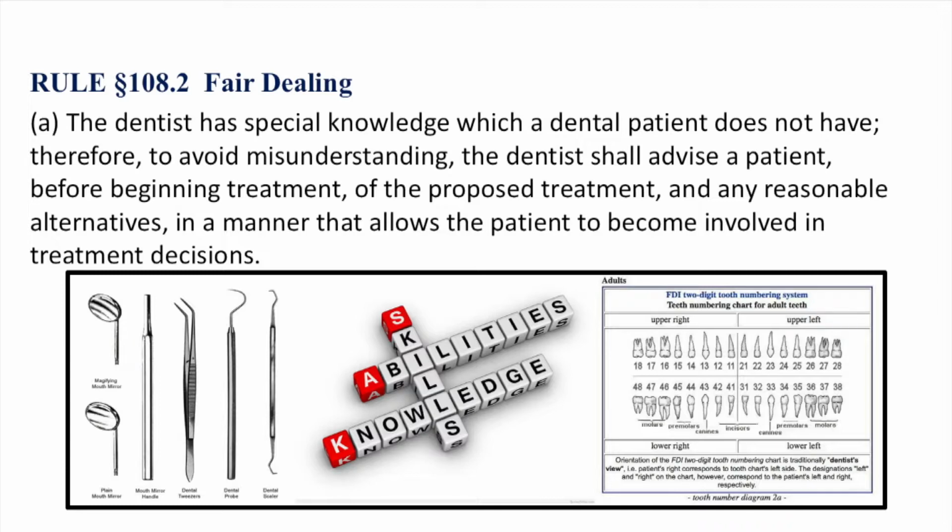So, taken as a whole, this particular subsection of Rule 108.2 touches on the legal requirements of a treatment plan and the alternatives being recorded in the patient record under Rule 108.8, and also captures the concept of informed consent, which is also part of the standard of care pursuant to Rule 108.7.